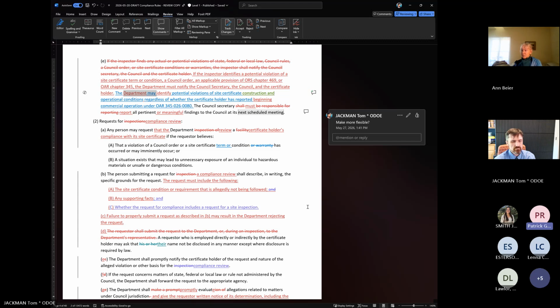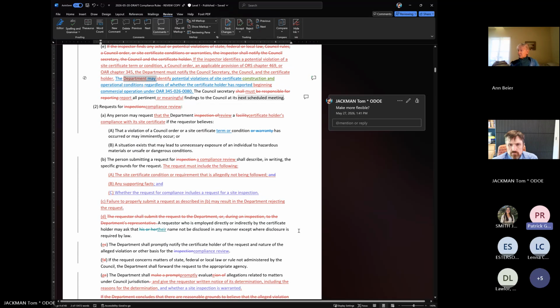But the intention here, as Sarah described, is we don't want to rely exclusively on the certificate holder to say we've begun operation before we can potentially identify violations of operational conditions. If the certificate holder fails to report that they've begun operations, but they have an operational violation, then this allows us to pursue an enforcement action. Okay.